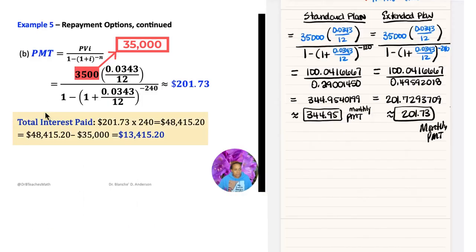Okay, yep. And then the total interest paid, same thing. Take your 201.73 times 240, you get $48,415.20. Subtract the loan you took out, and whatever's remaining, that went to the interest. Okay, easy peasy.